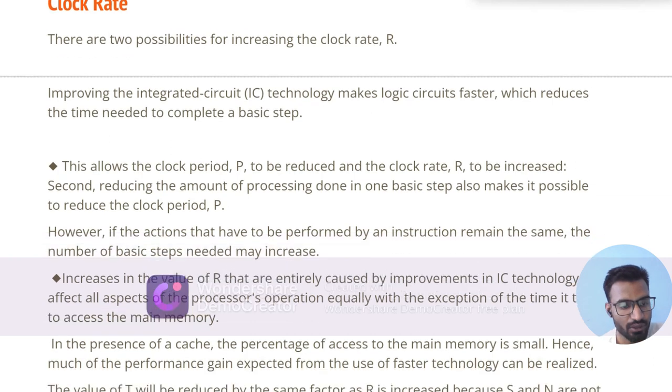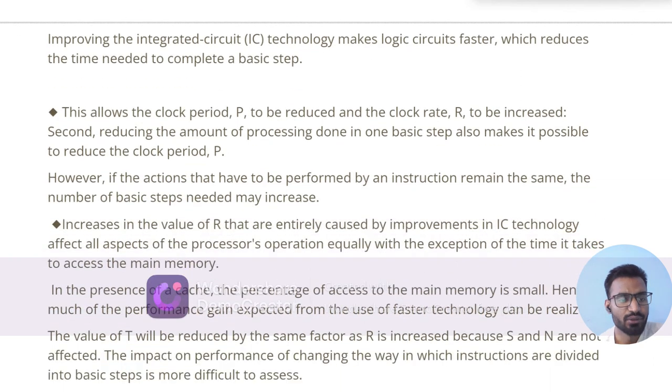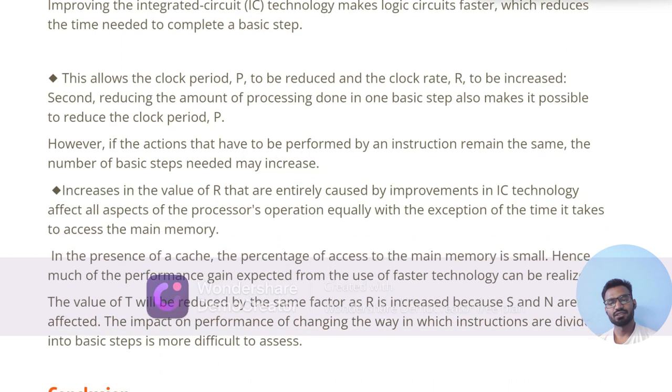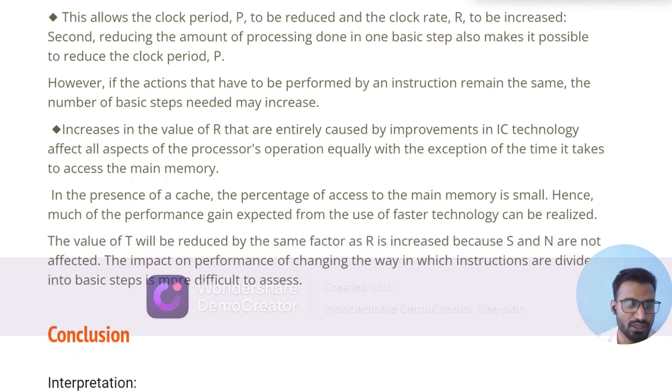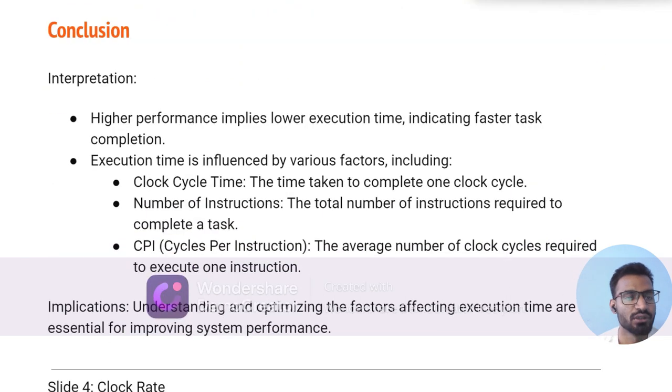In the presence of cache, the percentage of accesses to the main memory is small, hence much of the performance gain expected from the use of faster technology can be realized.